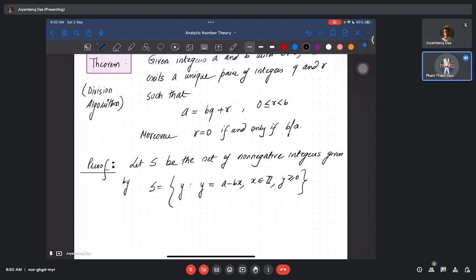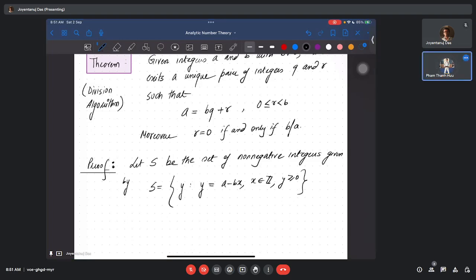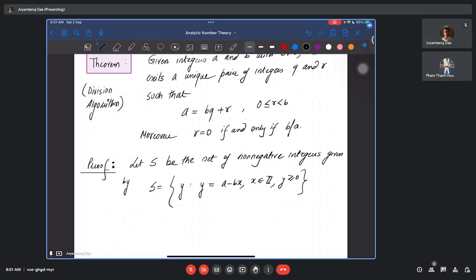The set of non-negative integers given by y equal to a minus bx. So this is a non-empty set of non-negative integers, right? I can choose my x such that this set is always non-empty.